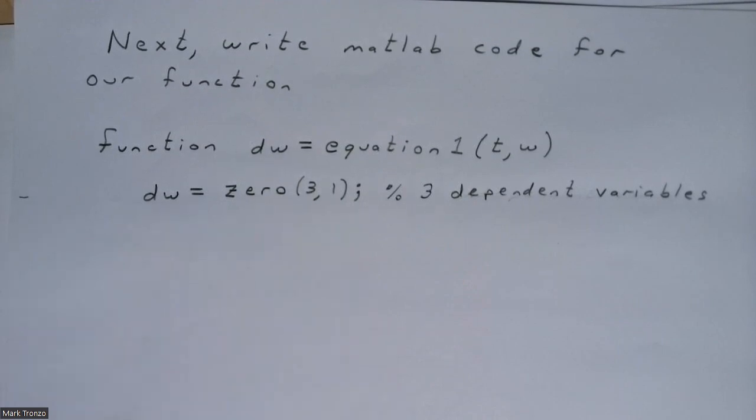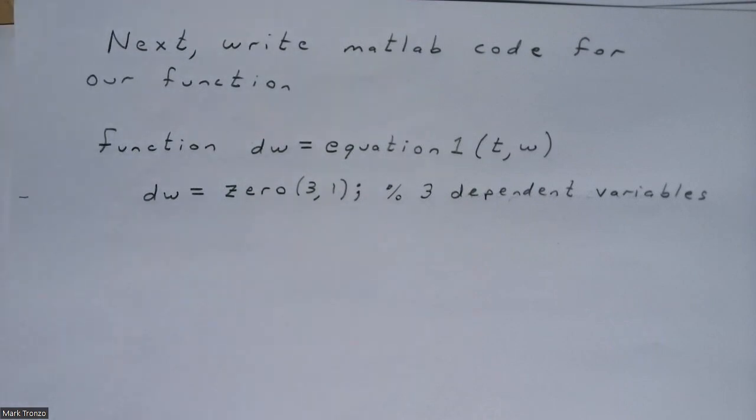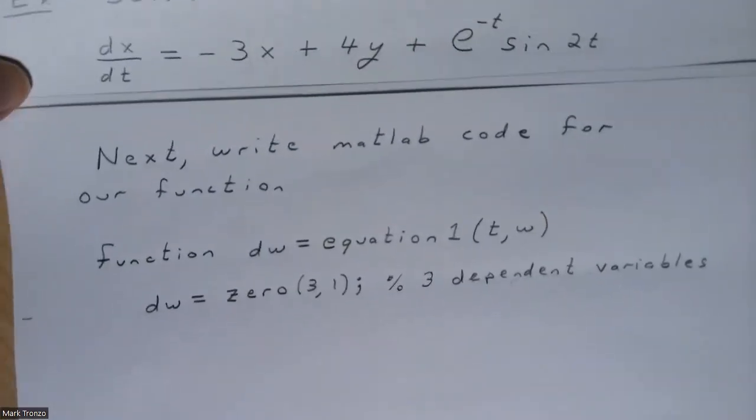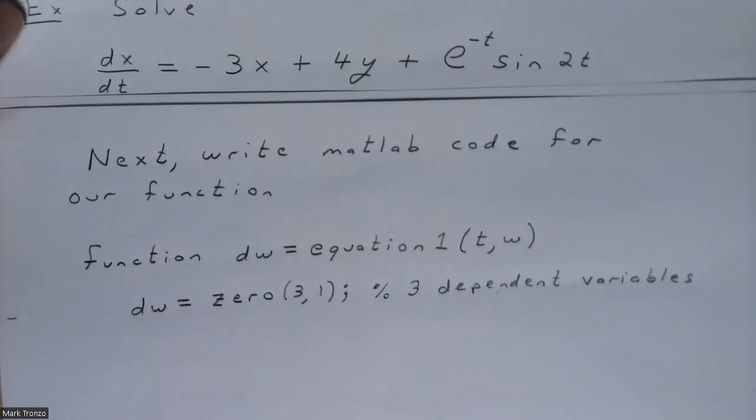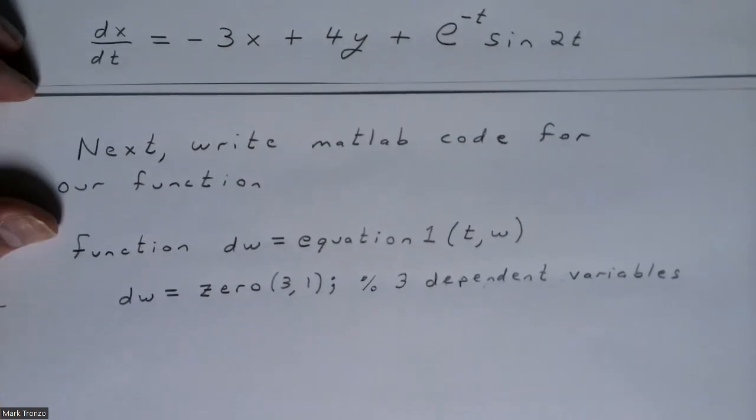And then write your differential equations. So let's write what we have. So let me just pull these up to give you an example of one. So this the first one, let's look at this one. Let's write this in our Matlab code.